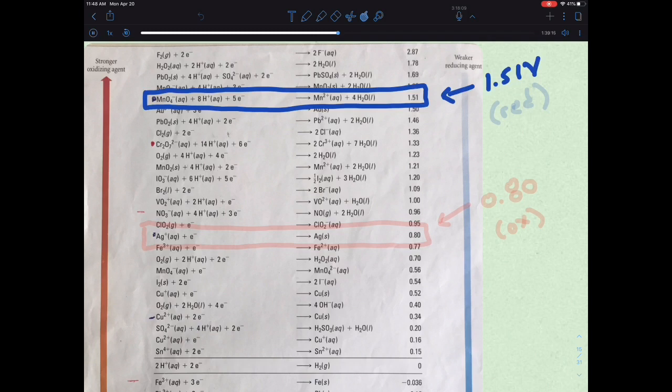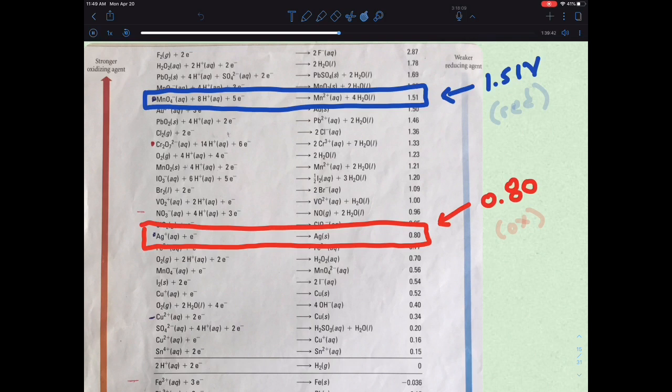And if we go down a little ways, we can see the silver as well, right here. And there is our value of 0.80. So those are the two values of reduction potential.